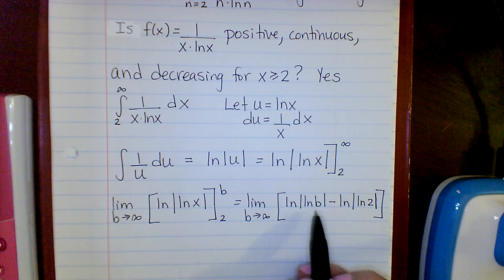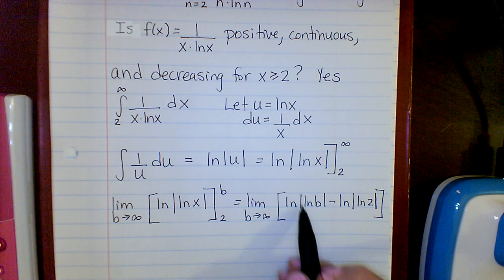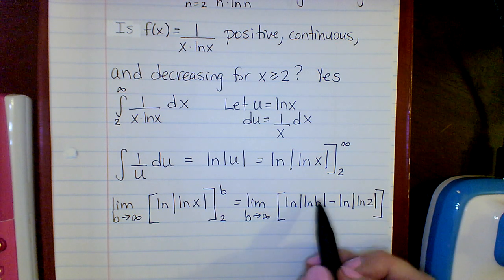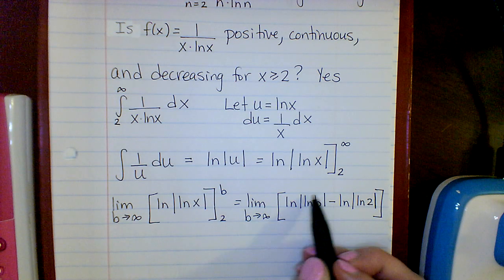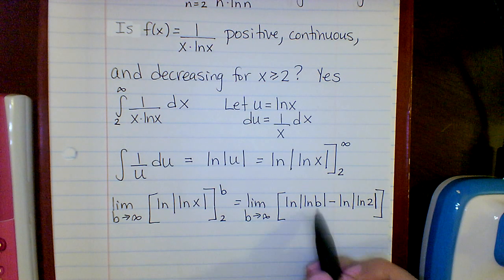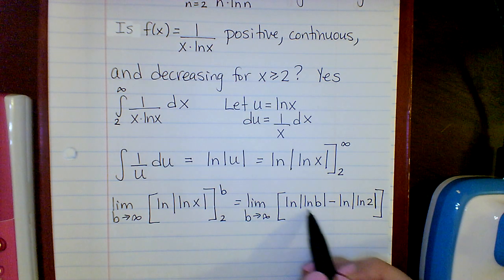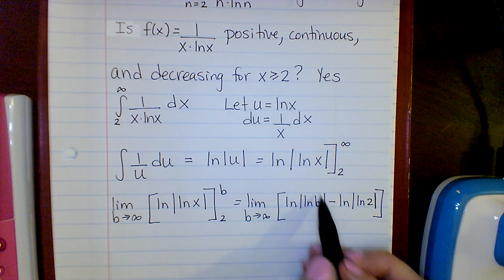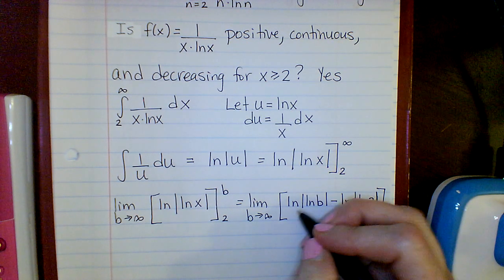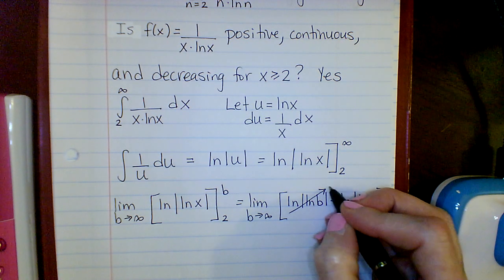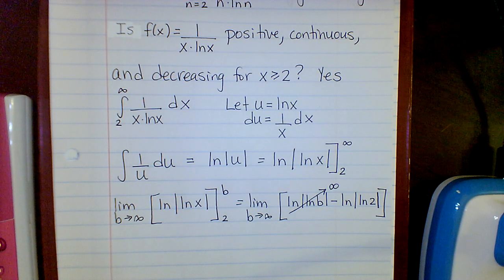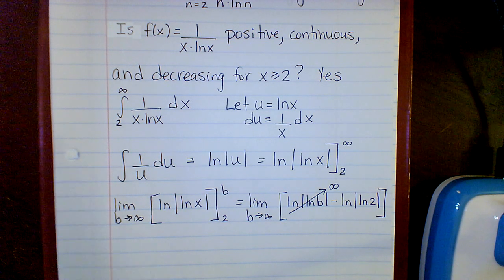As this number gets bigger and bigger, the natural log gets bigger and bigger. So this inner stuff right here is going to infinity as b goes to infinity. If this argument is going to infinity, the natural log of infinity is going to infinity. All right, so that means that this integral diverges.